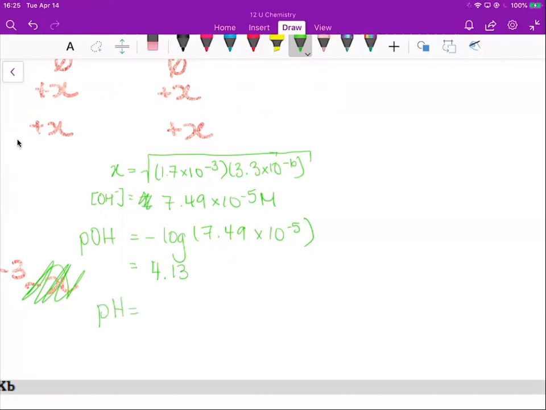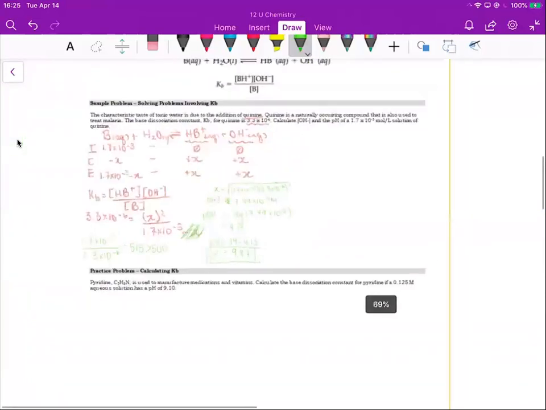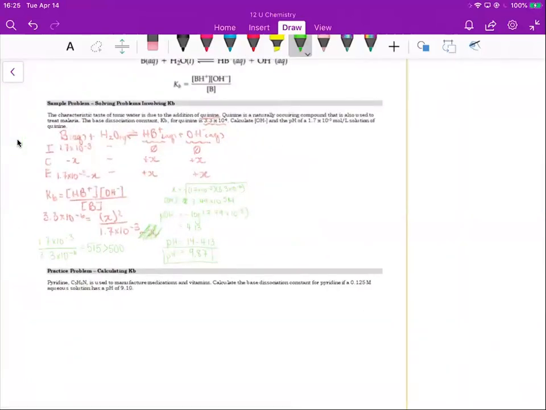And to find the pH, it's 14 minus 4.13. And I get a pH of 9.87. And voila. So again, very similar to what calculating an acid is like.